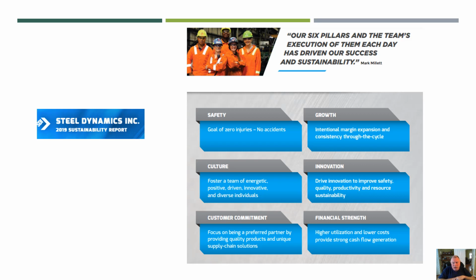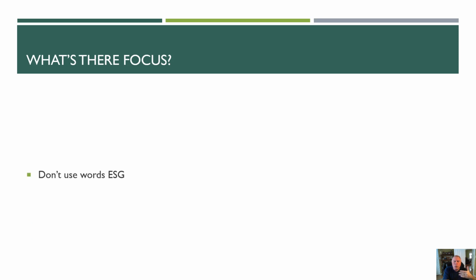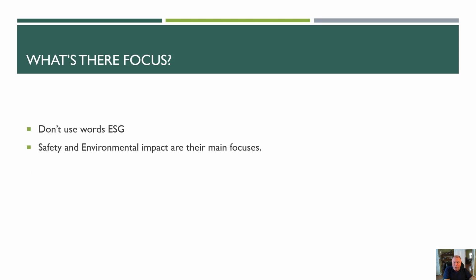And you can tell a couple of them are very broad, okay? And as I dug deeper, what did I find? They don't use the words ESG anywhere, okay? They use the word sustainability. When I went through the sustainability report, safety and environmental impact are their main focus.